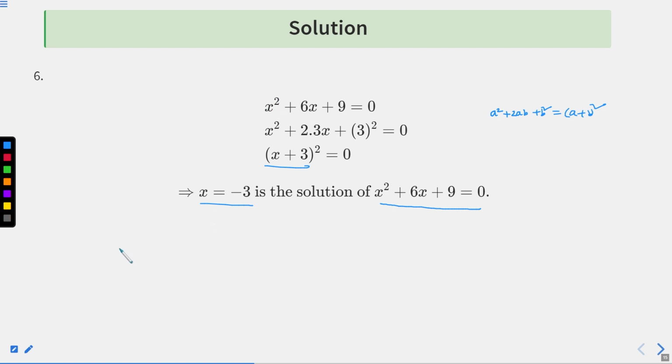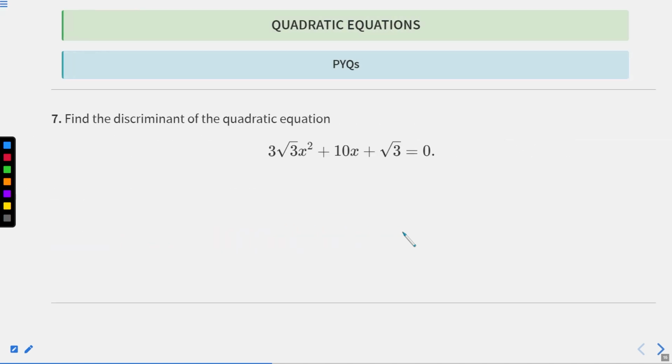Then we get minus 3 whole square plus 6 times minus 3 plus 9, which is 9 minus 18 plus 9, equal to 18 minus 18, which is equal to 0. So x equal to minus 3 satisfies the quadratic equation, and therefore x equal to minus 3 is the solution of x square plus 6x plus 9 is equal to 0.